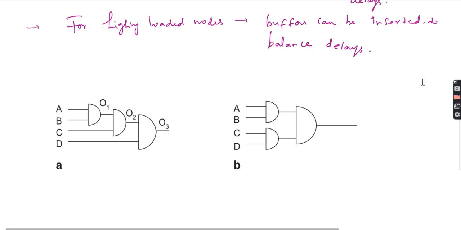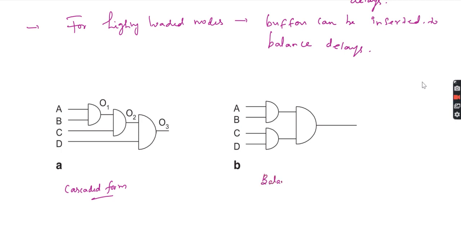It's a realization of A, B, C, D. This is the cascaded form. This is the balanced realization. How is it? You can think, see, here you have to assume it has 1 nanosecond. It is a unit delay of 1 nanosecond. This is also 1 nanosecond.